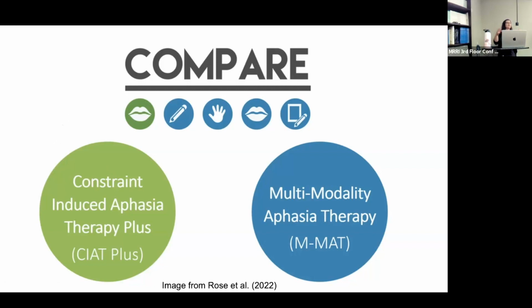It's similar to the constraint-based approach that you might see in motor rehabilitation. Conversely, as the name suggests, multimodality aphasia therapy allows patients to use multiple modes of communication in addition to speech, like gestures with their hands, in order to get the message across.